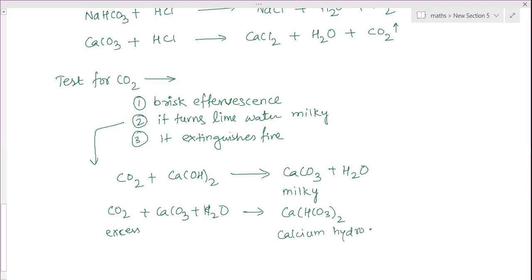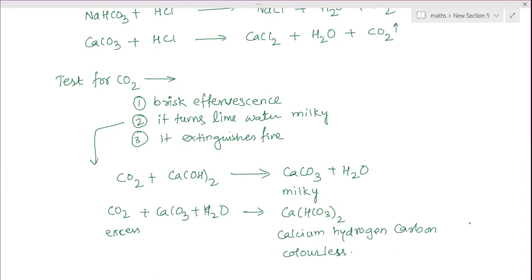Calcium hydrogen carbonate is a colorless solution, so milkiness disappears when excess carbon dioxide is passed through the lime water solution.